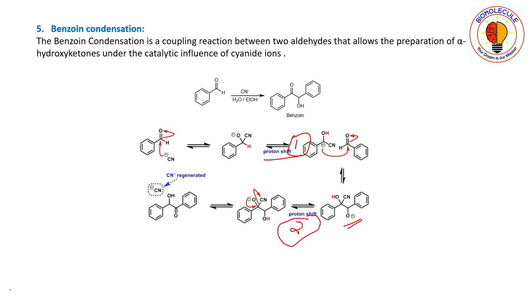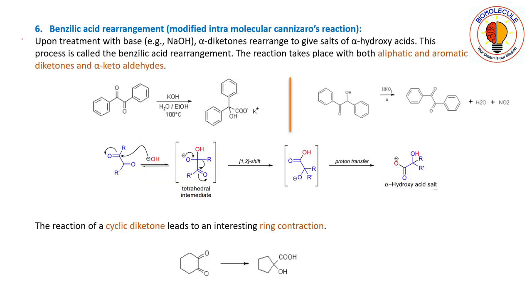After the expulsion of cyanide ion you are getting your final product, that is, sorry, alpha hydroxy ketone. Okay, alpha hydroxy ketone.